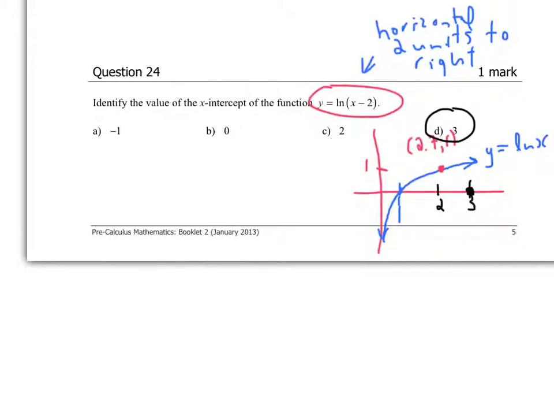And just for fun, let's show the rest of this graph. Not only would the x-intercept move 2 units to the right, but so would the asymptote. In the original parent function, we didn't draw in the asymptote because we just used the axis. But when we're shifting the graph 2 units to the right, we want to clearly show the asymptote.